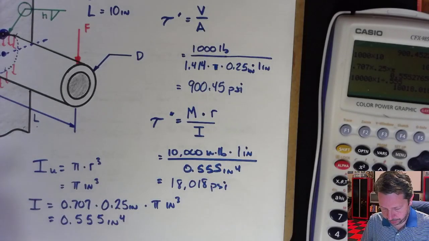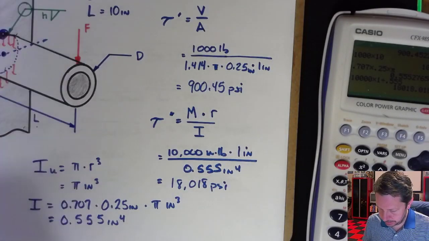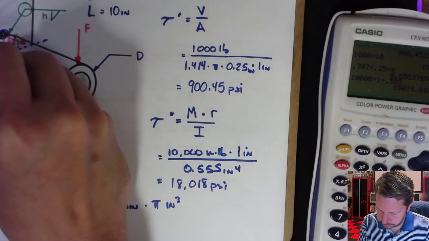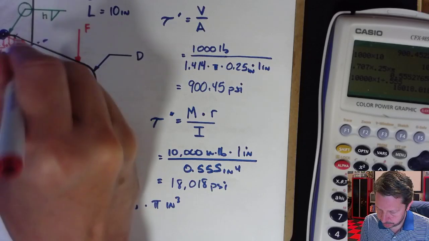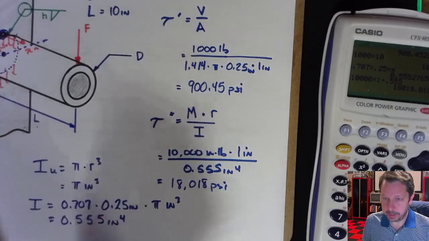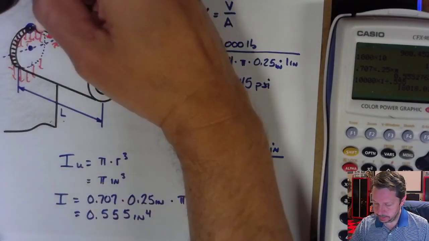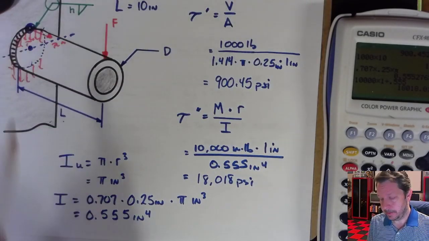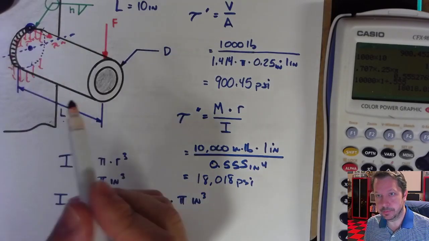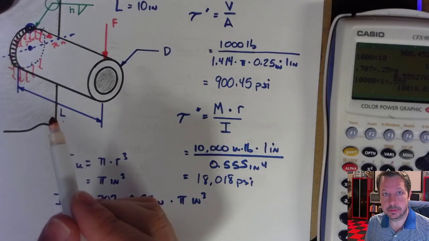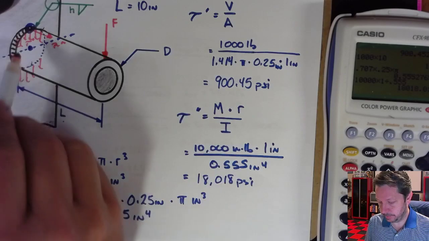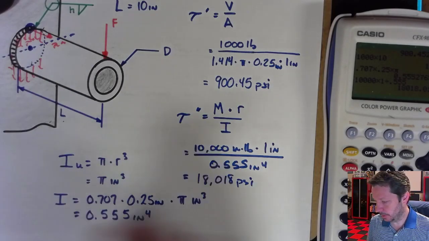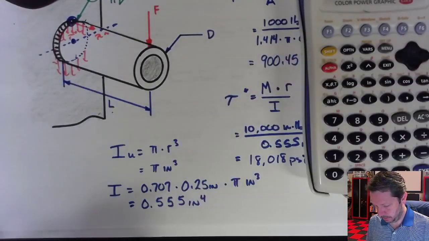I'm not sure if I can draw this one very well, but the secondary is right here. These are the primary, this is the secondary, and all you have to do is use the square root of the summation of tau prime squared plus tau double prime squared. So that would look like this.